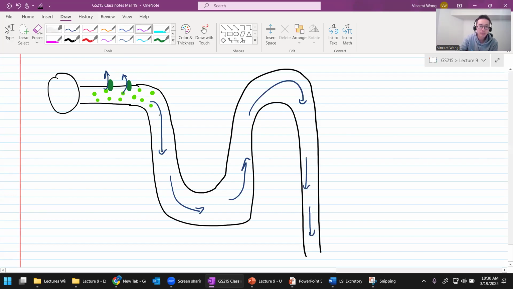Normally, I said the osmolarity number is around 400 when the filtrate is coming from the proximal tubule. But because of all this excess glucose, this number is now going to be higher. Instead of 400, maybe it's going to be like 700. So what's going to happen if the number is higher?